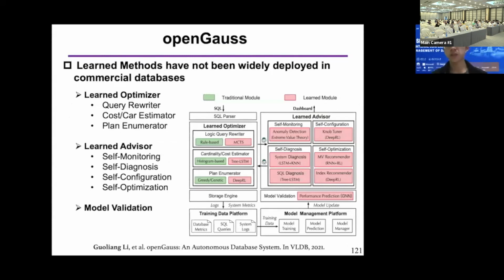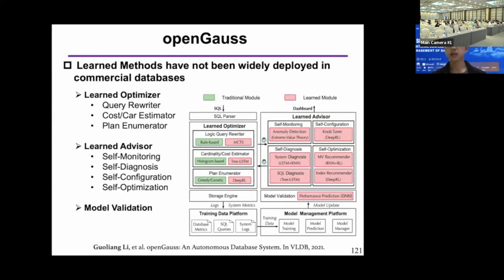Since these visions were not implemented in real scenarios, Li has proposed openGauss, an autonomous database system that validates, trains, and implements state-of-the-art learning-based components in an open-source commercial database.